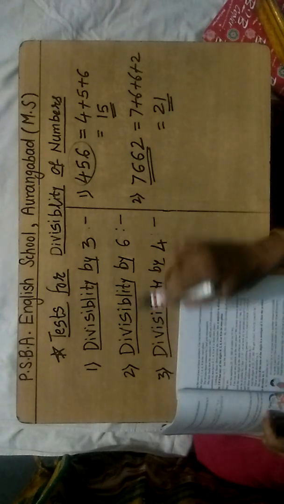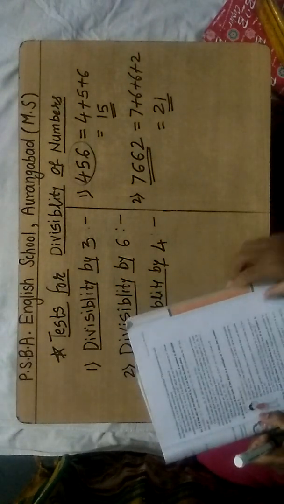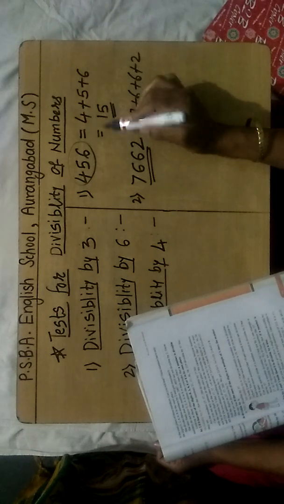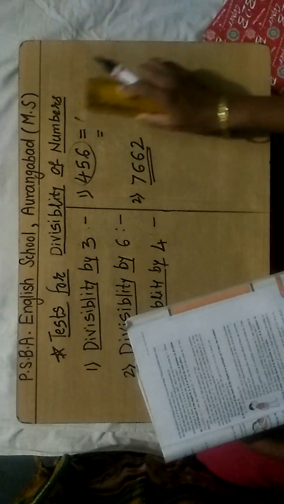Next is divisibility by 6. Now, it is very simple. If any number is divisible by both 2 and 3, then those numbers will be divisible by 6. We will consider the same examples here.